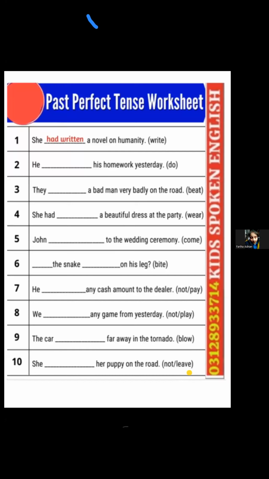She dash her puppy on the road. Not leave is written here in the bracket. You have to use not leave with the perfect helping verb and perfect form. Okay. She had not leave her puppy on the road. Come again. She had not leave her puppy on the road. Leave is not the third form of leave.